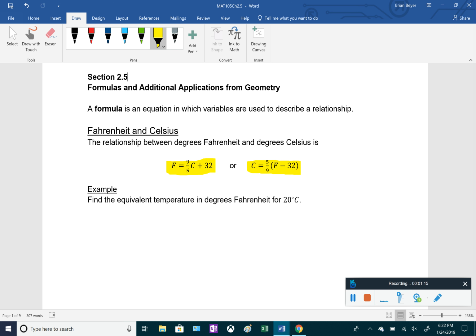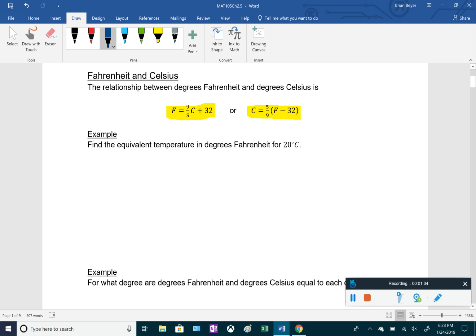So let's do an example using those equations, which are formulas. Let's find the equivalent temperature in degrees Fahrenheit for 20 degrees Celsius. So we're trying to figure out what is 20 degrees Celsius in Fahrenheit. That means we're going to be using the first formula, because we're looking for Fahrenheit, and this one has Fahrenheit solved for.